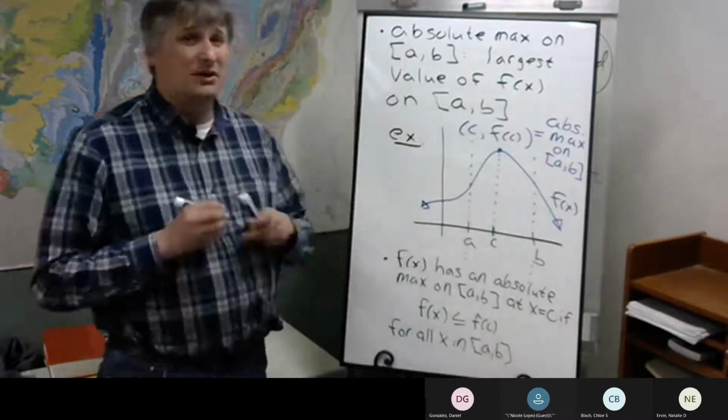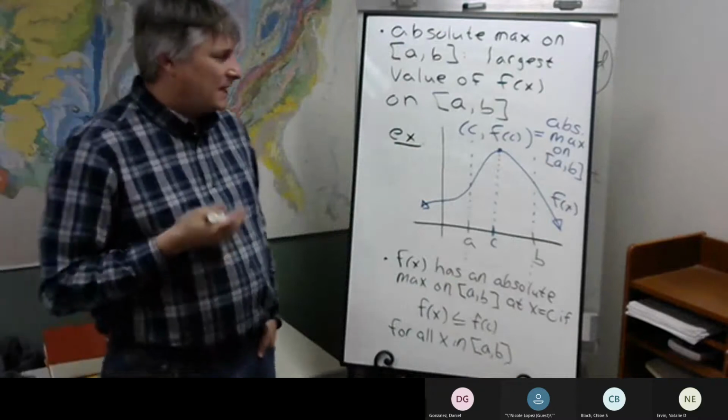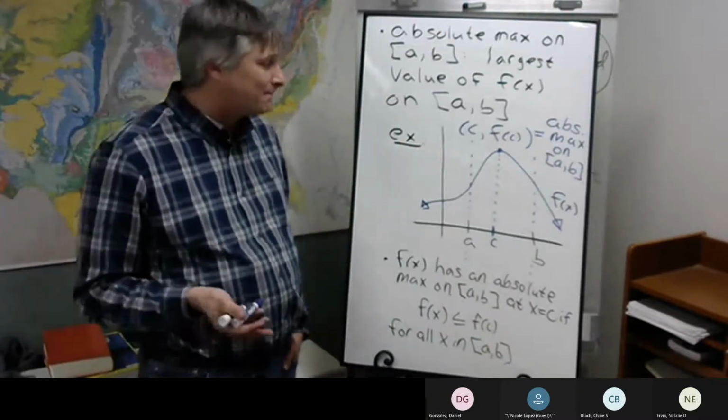Again, we're limiting ourselves to the domain. So that's what we mean by an absolute max on AB.